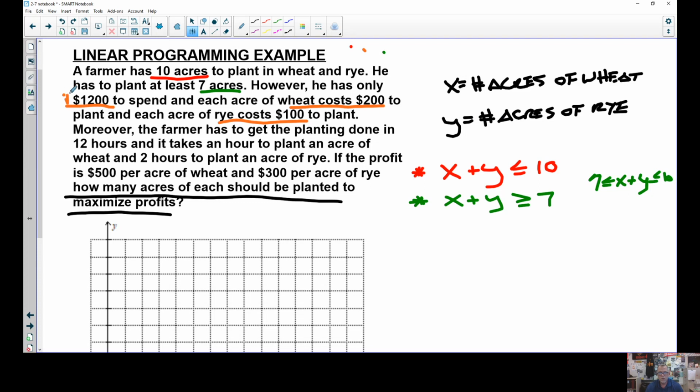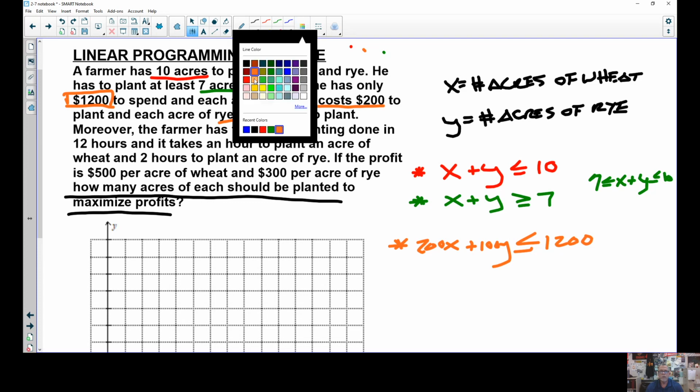So this looks like the limit, right? So that being the limit, that's going to be our less than or equal to. Whatever we do has to stay under $1,200. So the cost for wheat is $200 per acre, and the cost for rye is $100 per acre, and we've got another inequality here.